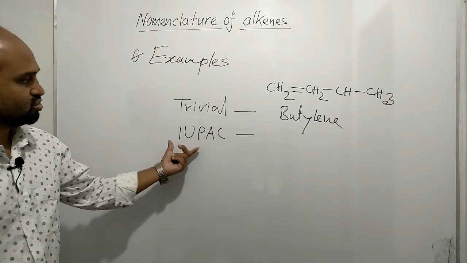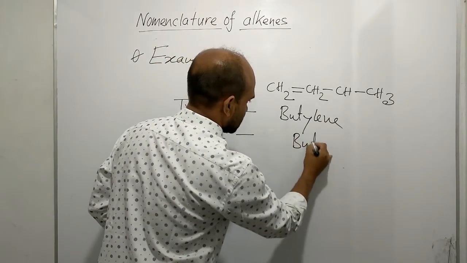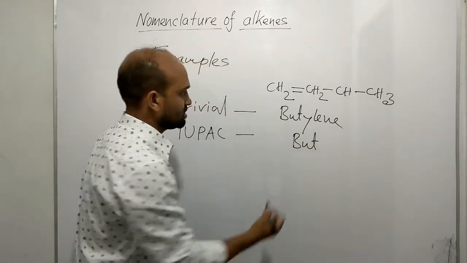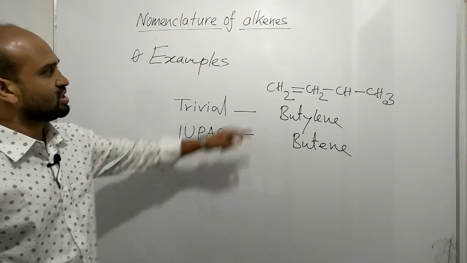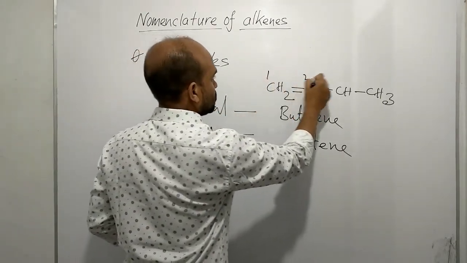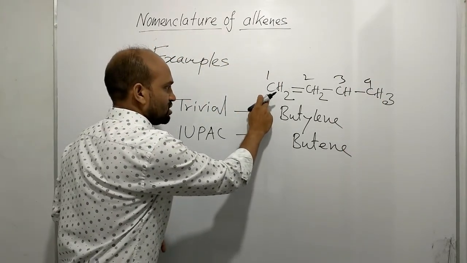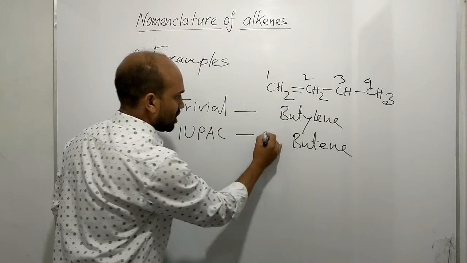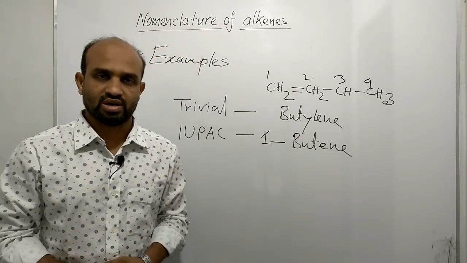And according to IUPAC system, word root will come first, and suffix is here "ene", butene. And when the carbon atoms are numbered in this compound 1, 2, 3, 4, with carbon 1 there is a double bond, so 1-butene or butene-1.